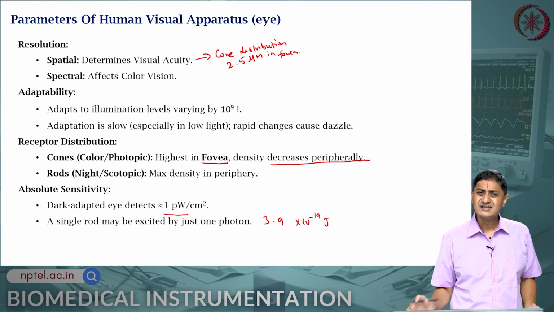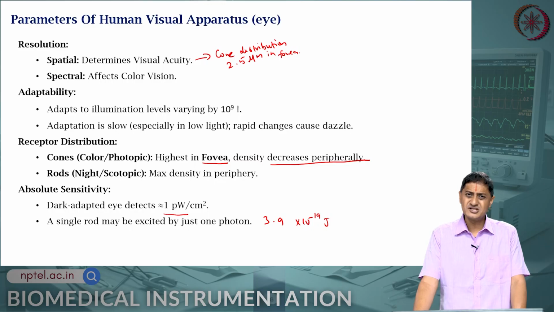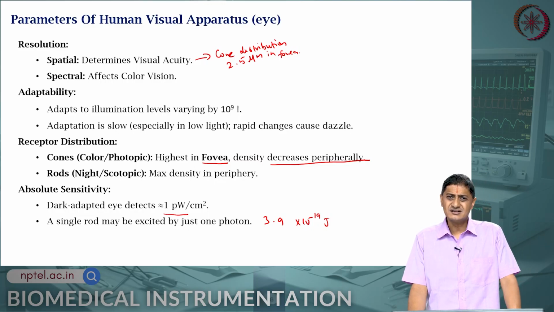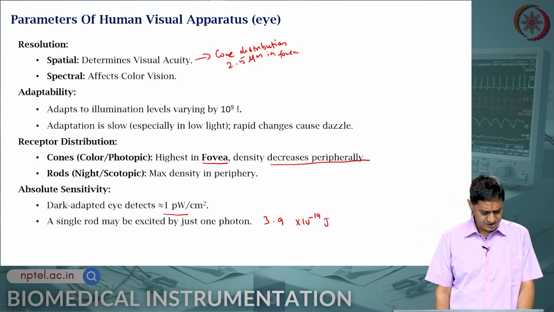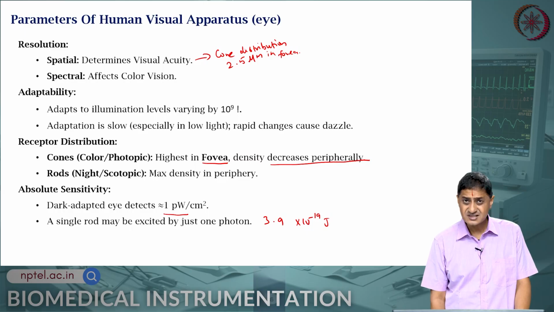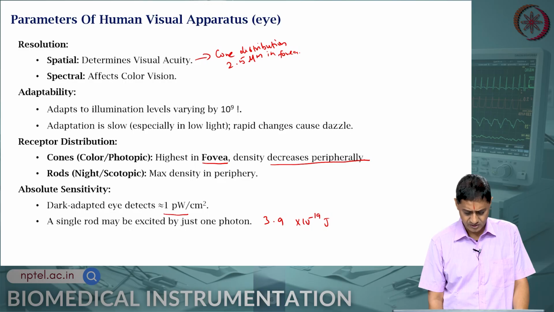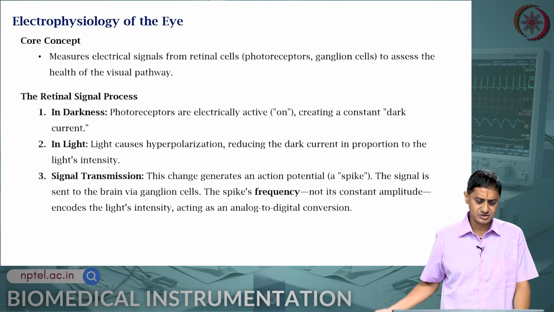There are 3 specific wavelengths to which you will have peak sensitivities. Now, what are these wavelengths? Find out. I will leave this as an exercise for you. What are the wavelengths at which you will have this color vision or the spectral resolution? What are those wavelengths that affect the spectral resolution the most?